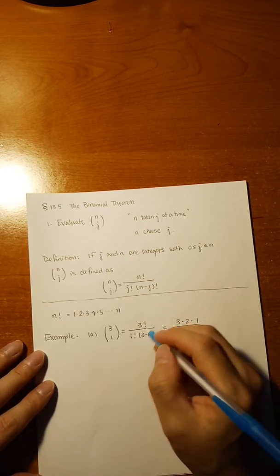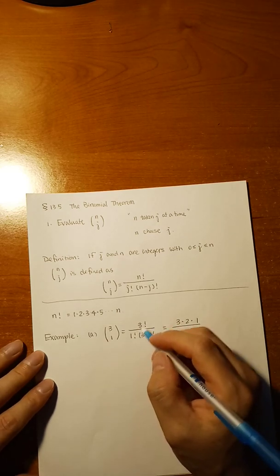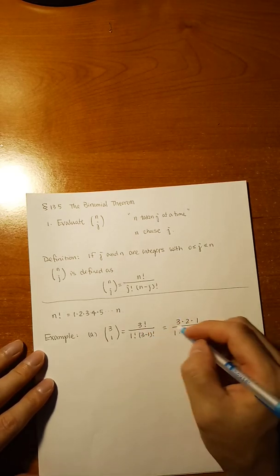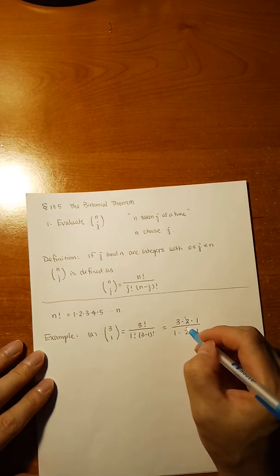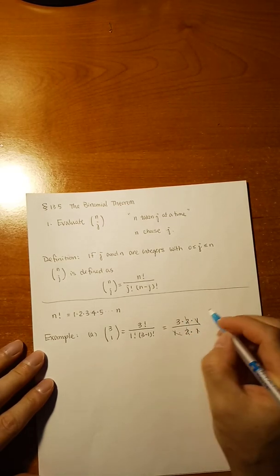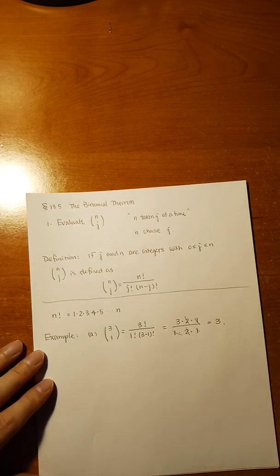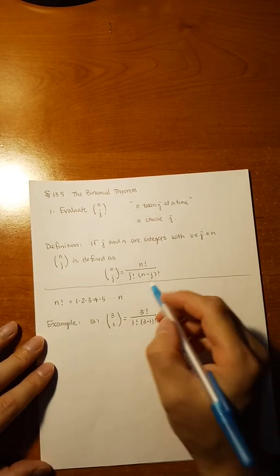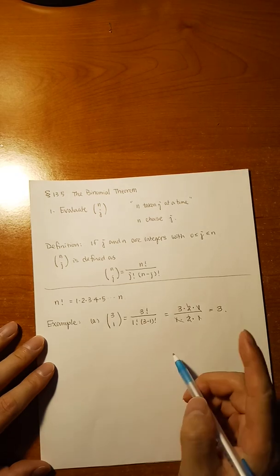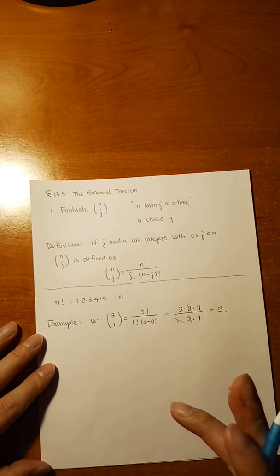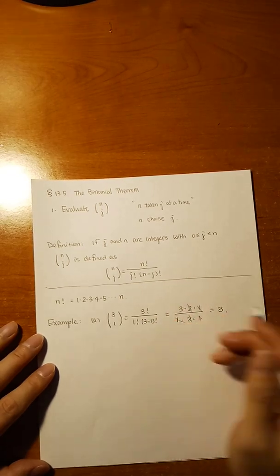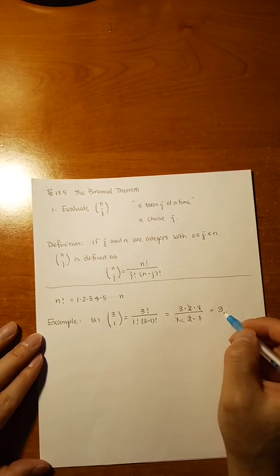In the evaluation of n taken j at a time, you should do a lot of cancellation. The 1 you don't worry about. 2 cancels, 1 cancels. So the value is actually 3. This value must be an integer. If you get something else, you did some computation wrong. It has to be an integer.